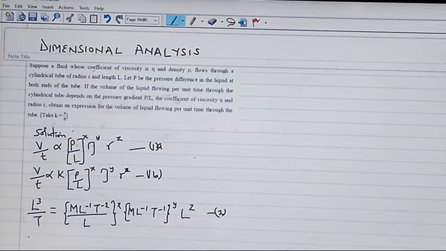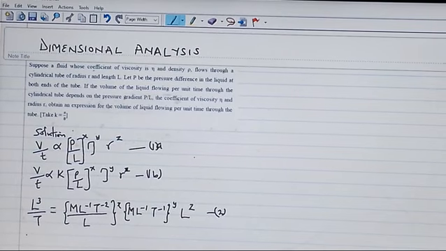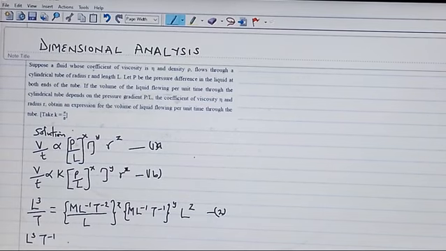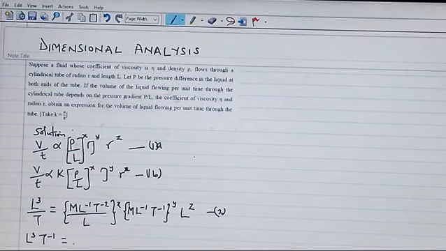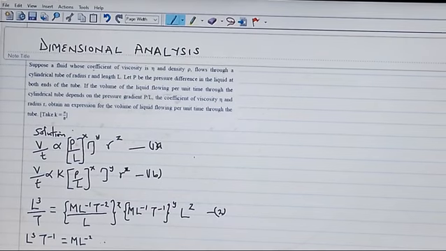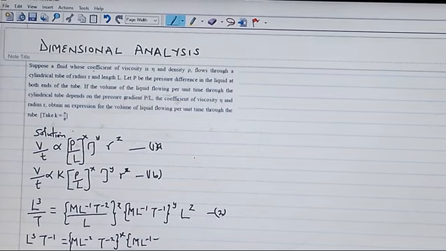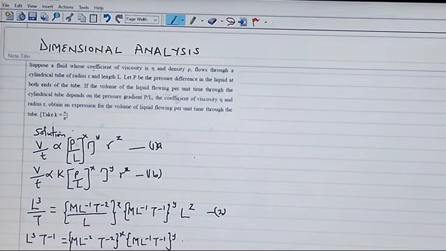This can further be expressed as L raised to power 3 T raised to power minus 1 is equal to M L raised to power minus 2 T raised to power minus 2 all raised to power x. Then of course M L minus 1 T minus 1 all raised to power y, and L raised to power z. Call this one equation 3.